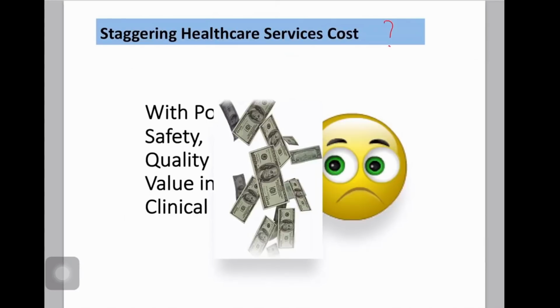The answer is no, we are not getting the value for the money we are spending. There are several reasons, and here comes informatics. Informatics definitely can help. It cannot solve the entire puzzle, but it can add value by reducing services-level cost.